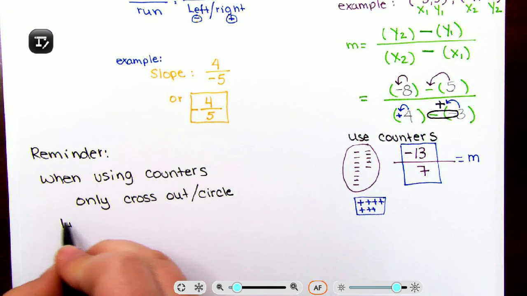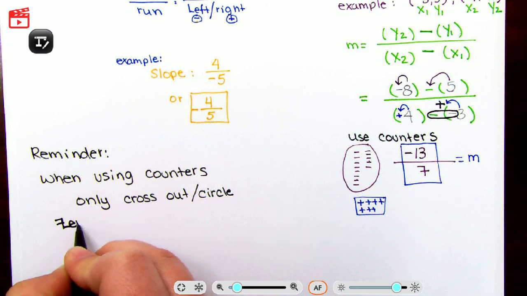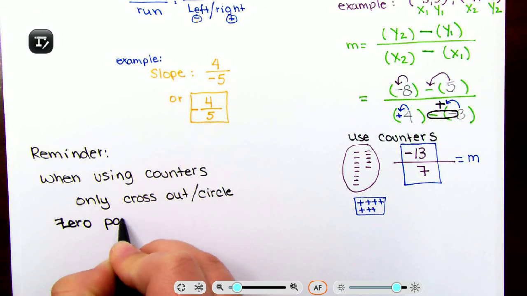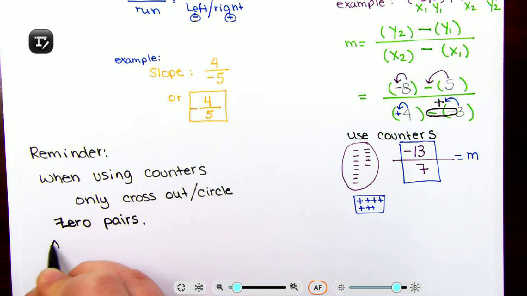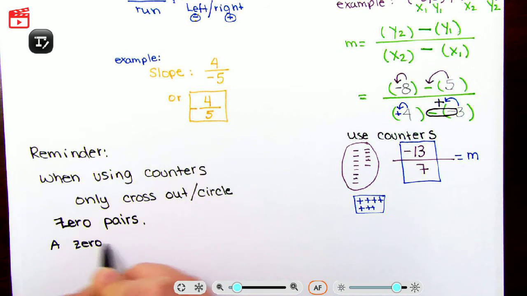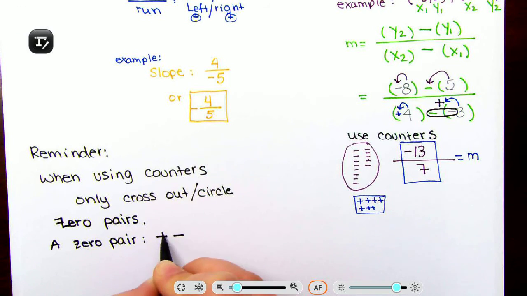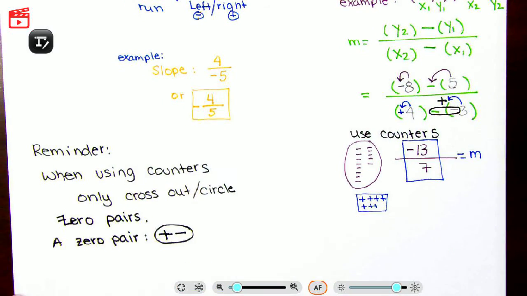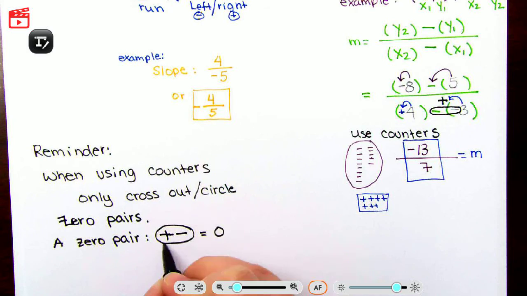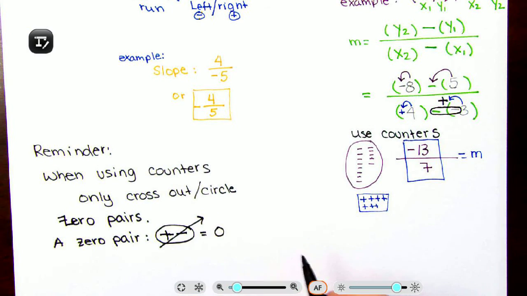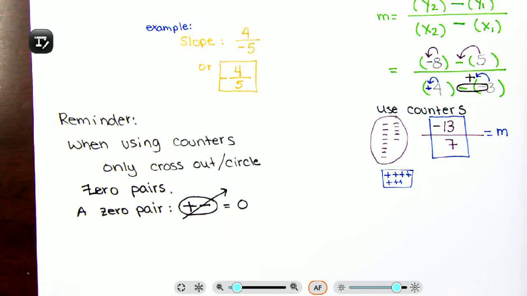We call them zero pairs. Okay, so remember a zero pair is a plus and a minus together. So a plus and a minus equals 0, so we can get rid of it. Okay, but only if you have a plus and minus.